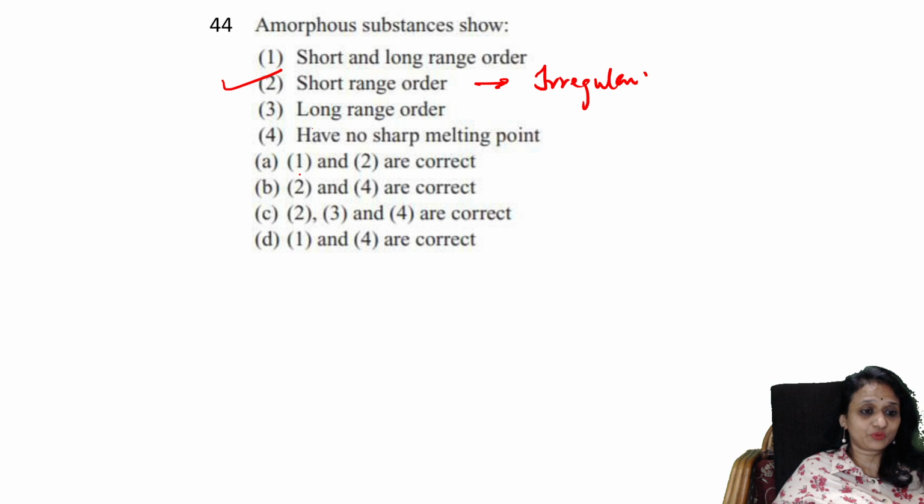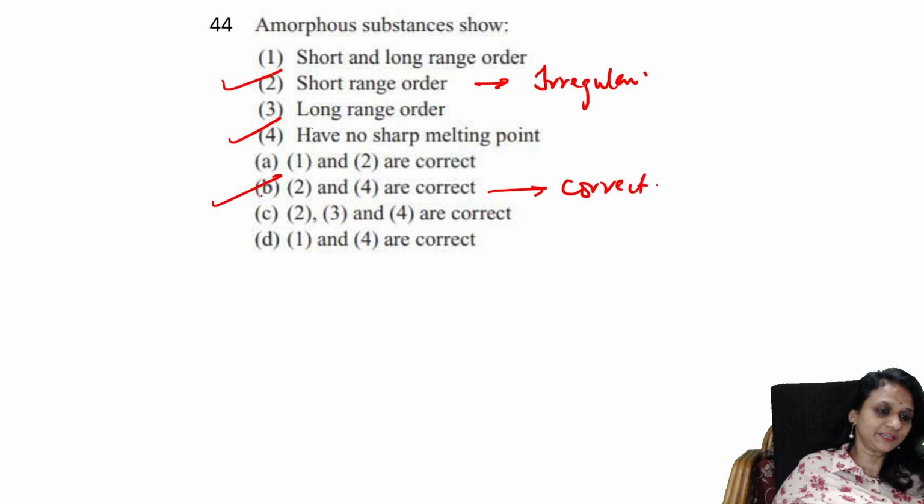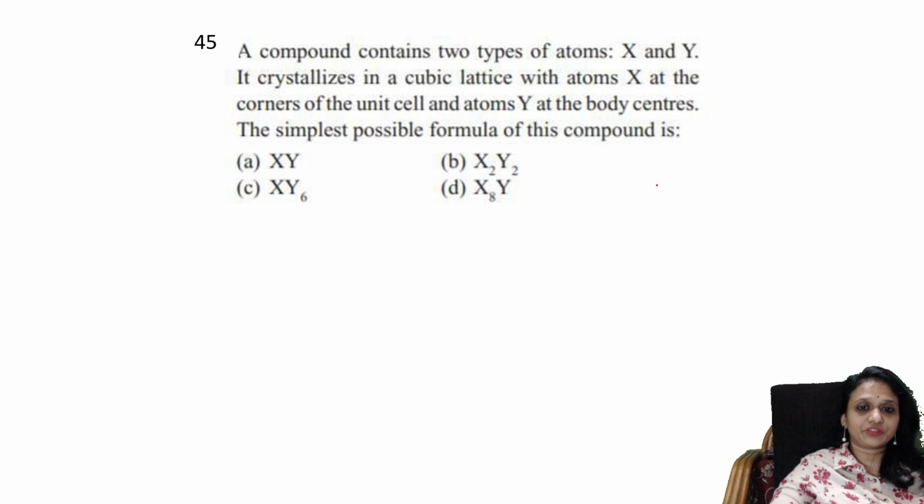And the second important thing, there is no sharp melting point. So because they are irregular, which option is right? Option B, 2 and 4. So the correct option is this. Clear, students? Easy.